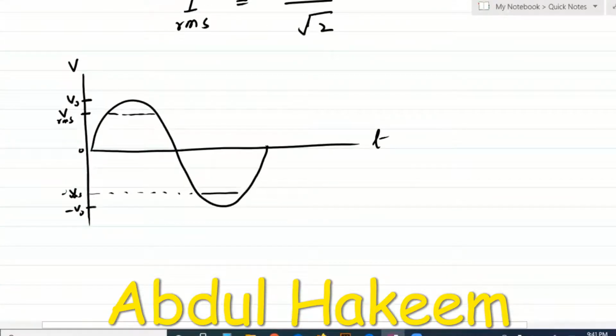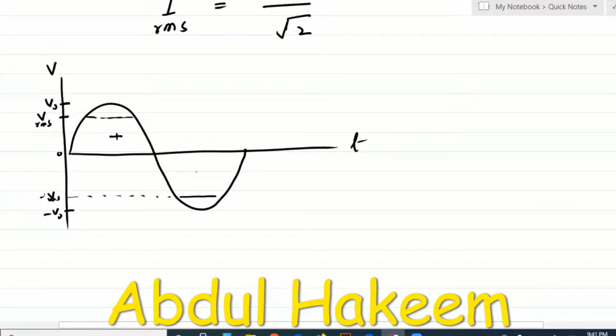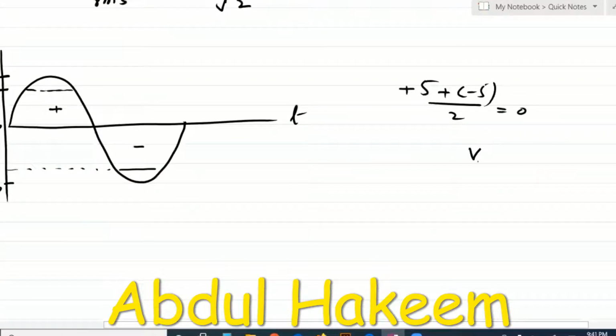We cannot calculate the average of the voltage, because this is positive, this is negative. Suppose plus 5 plus minus 5 divided by 2, it becomes 0. So instead of the average, because the average becomes 0, we calculate the RMS, which is actually the working voltage.